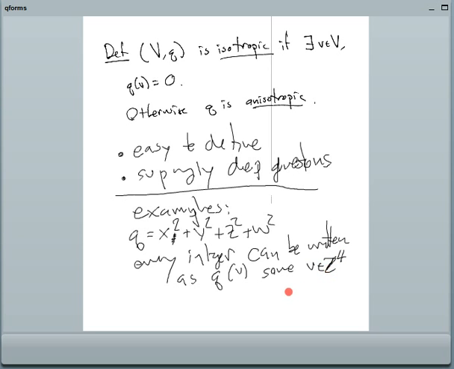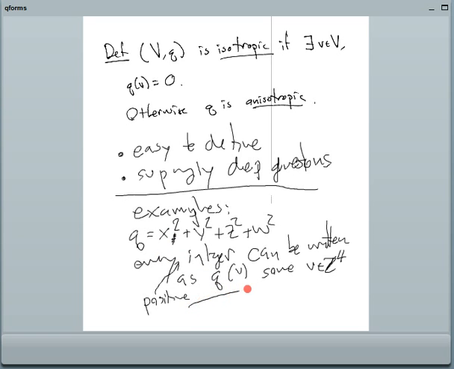So in other words, not every integer, every positive integer can be written in that way, of course. This is a fact that is not super obvious at first, but it's an interesting statement about quadratic forms. So this particular form, any positive integer can be represented in the form Q of v.